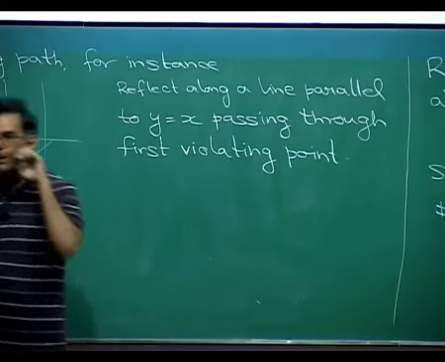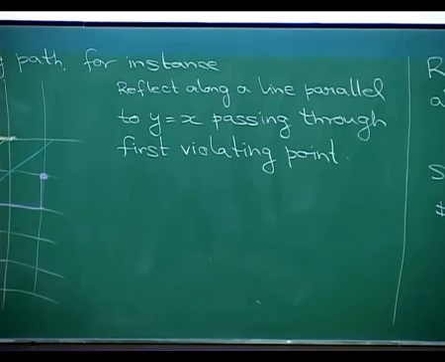So now we get a new path. This new path still begins at the point 0, 0, right? The new path still begins at the point 0, 0. However, the ending point has changed.